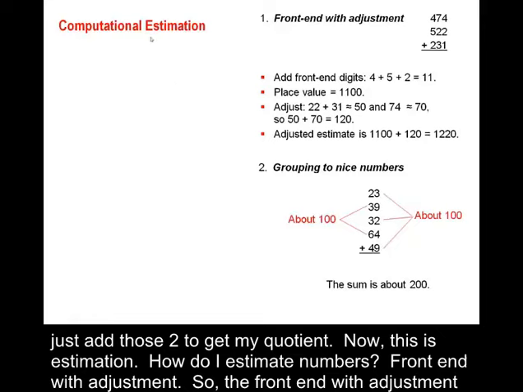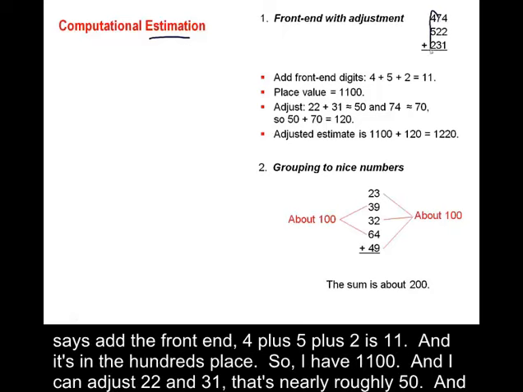Now this is estimation. How do I estimate numbers? Front end with adjustment. So the front end with adjustment says add the front ends. 4 plus 5 plus 2 is 11. And it's in the hundreds place, so I have 1100, and I can adjust 22 and 31.